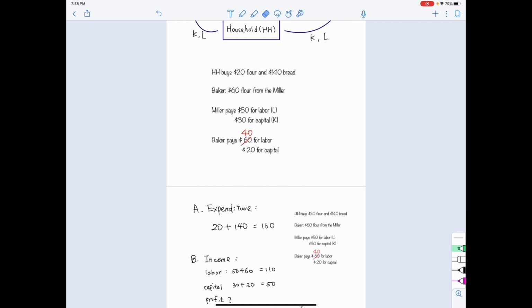From the previous example, given that the household is the final user, we just add up the spending of the household and we get the GDP. Here, it remains as 20 plus 140 equals 160. How about the income approach?